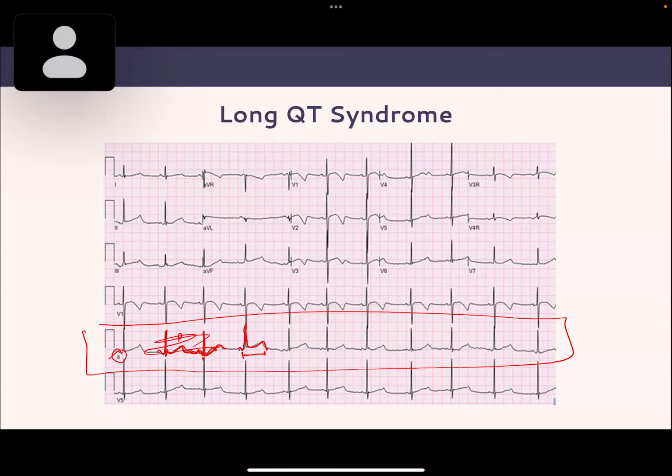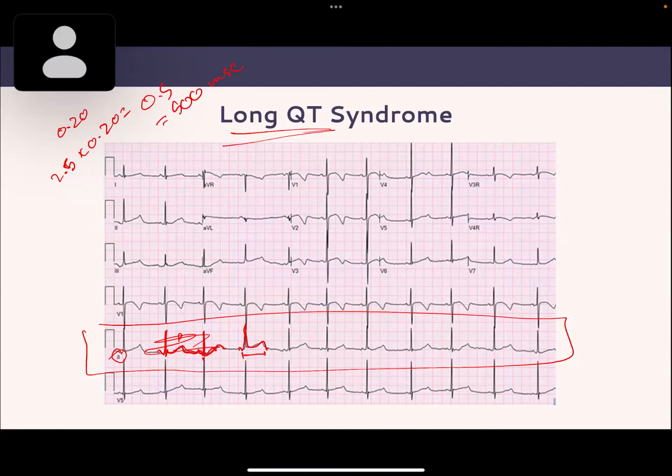And if every large square is 0.20 seconds, and we have 2.5 large squares, and we multiply this, that's going to be around, let's say, 0.5, which is equal to 500 milliseconds. And we said anything more than 460 milliseconds is considered a long QT interval. This is what long QT syndrome is, okay?